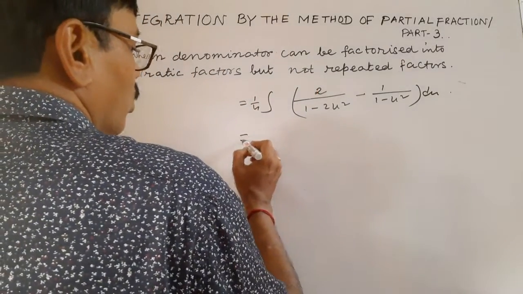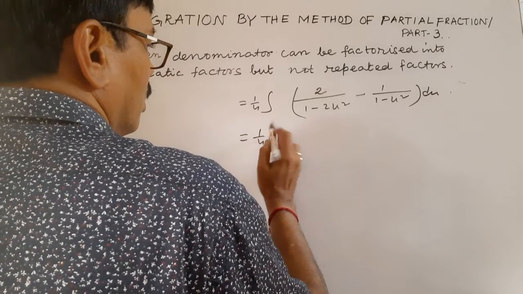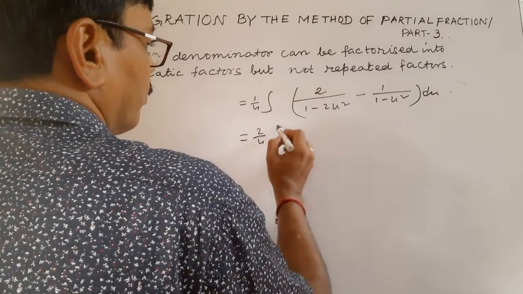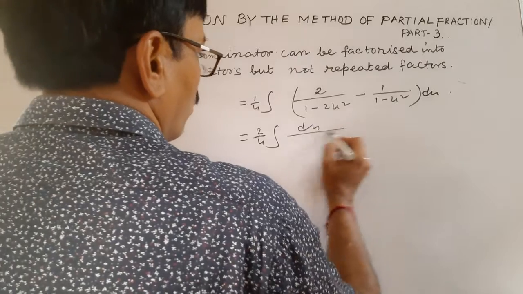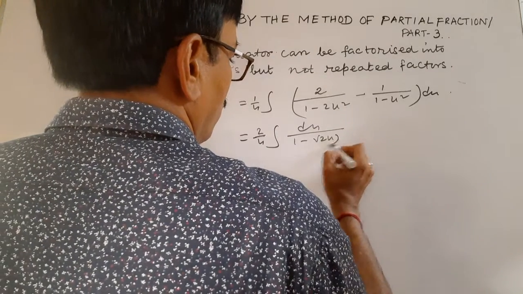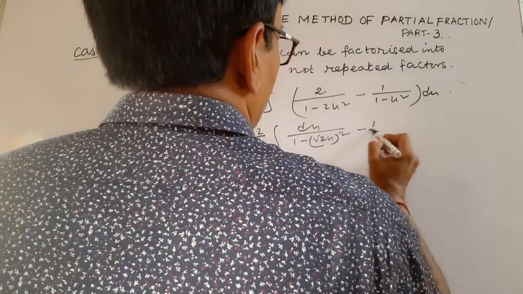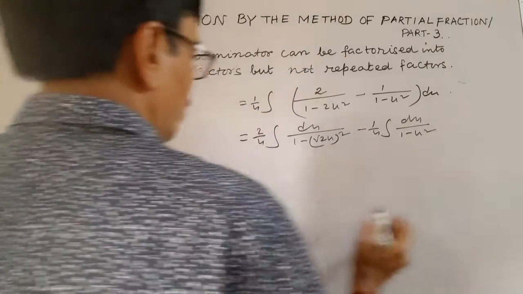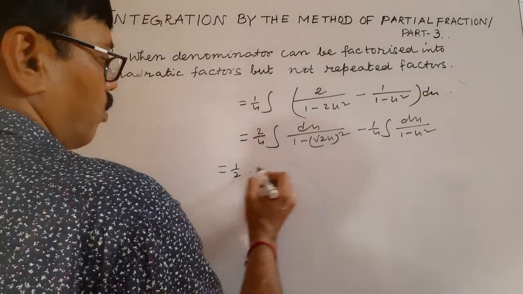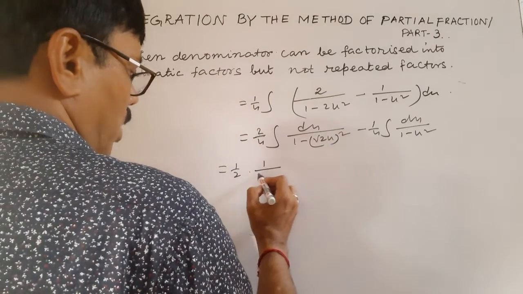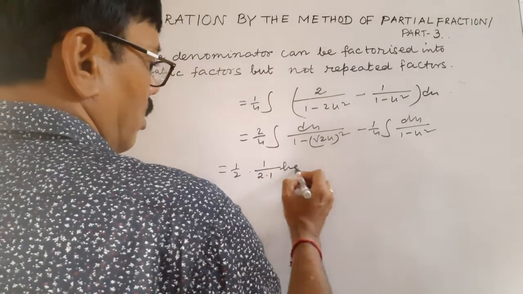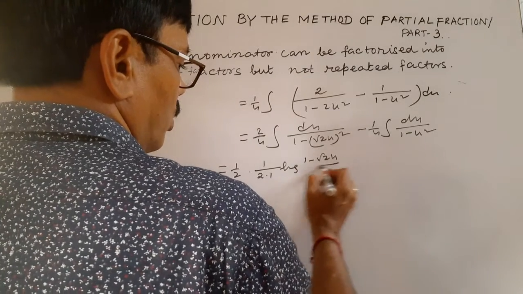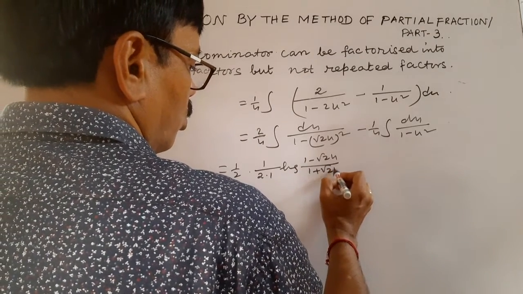Now 1 by 4, this is 2 by 4, du by 1 minus root 2u whole square, minus 1 by 4 du by 1 minus u square. So half of 1 by 2a, 1 by 2 into 1, log of 1 minus root 2u by 1 plus root 2u.